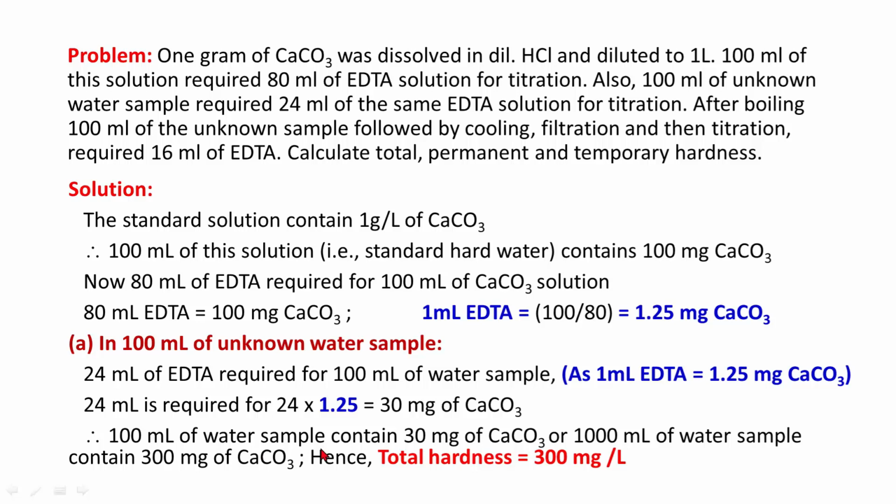Hence 100 ml of water sample contains 30 milligram of calcium carbonate, or 1 liter of water sample contains 300 milligram of calcium carbonate. That is, total hardness is 300 milligram per liter.